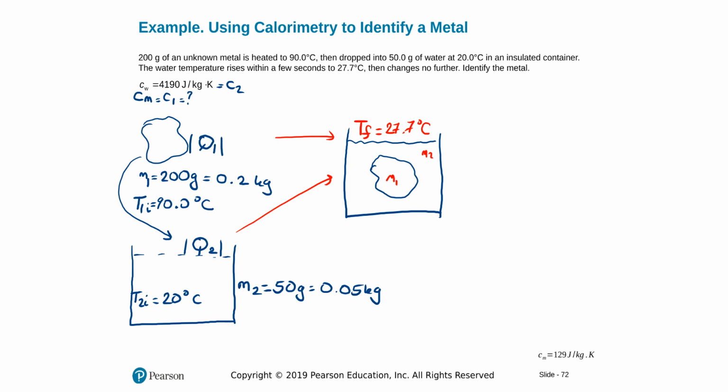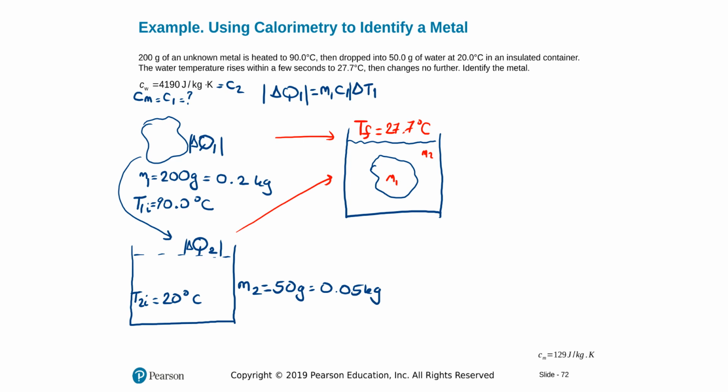One could be negative. Whoever is losing heat will have a negative heat calculation, change in heat, and whoever is gaining heat will have a positive heat change. Actually, we can go ahead and call this delta Q1, delta Q2 because they are changing heat. To calculate delta Q1, heat that the metal loses, we will use M1 C1 delta T1.